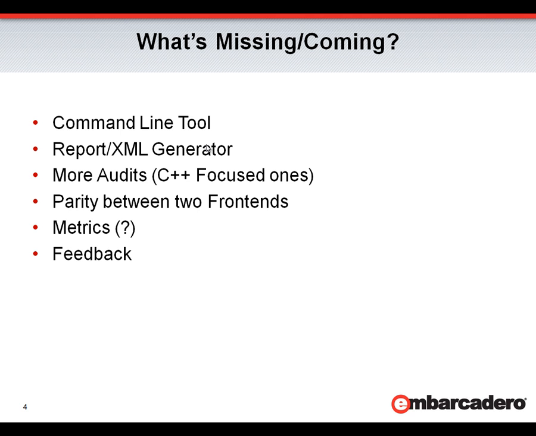So we'd like to put together a command line tool. We'd like to have better report generation, maybe XML or HTML, or whatever format is more structured, something that can be automated and used to publish reports. Have more audits, C++ focused ones.